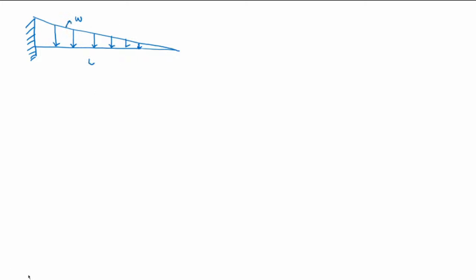Now do one thing here, place this section here. So now moment about section XX is equal to, here when you are taking moment, first I need to convert this into force.